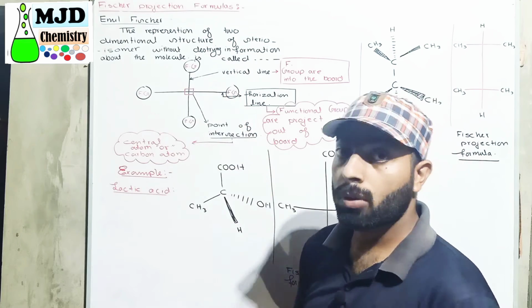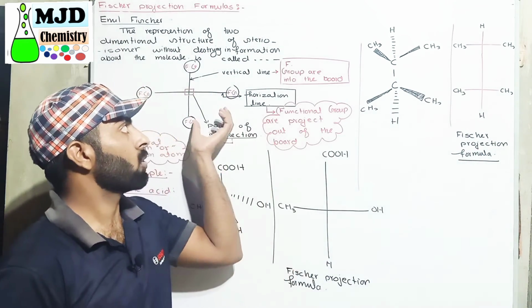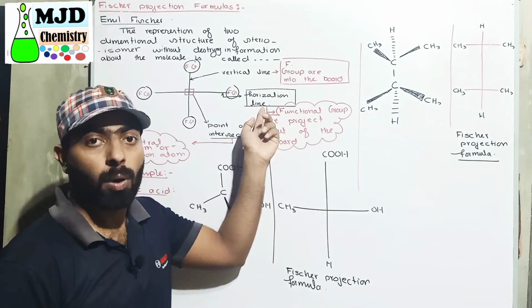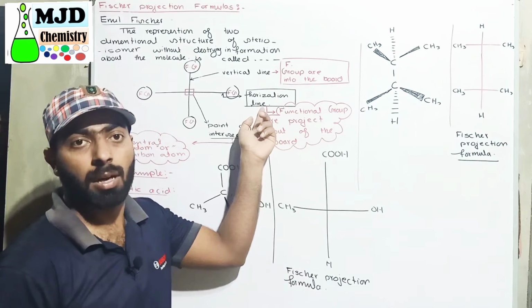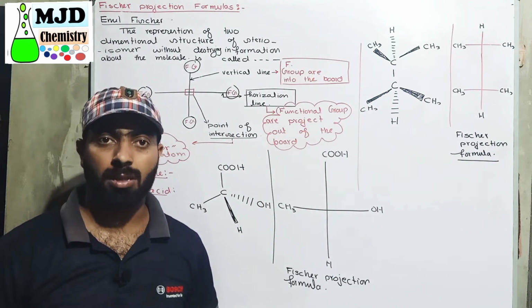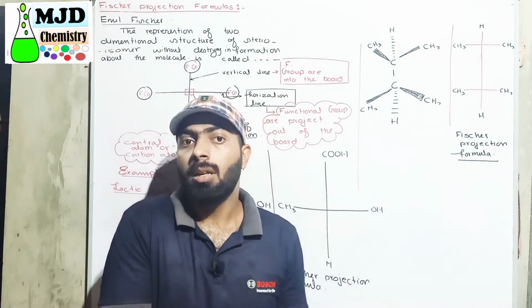The most important points in drawing a Fischer projection formula are what the vertical line shows, what the horizontal line shows, and what the point of intersection represents.